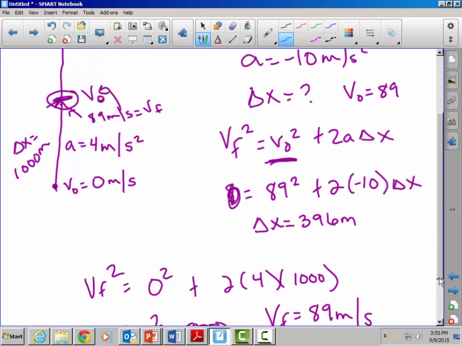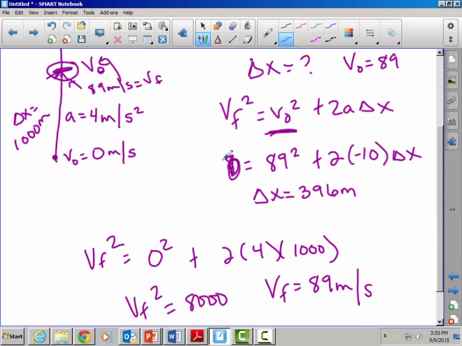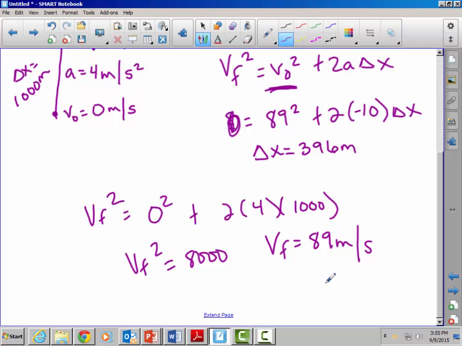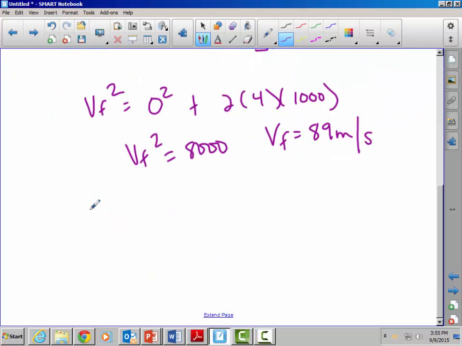Squaring this, bring it over to the side, it's negative 7,921, divide that by negative 20, and the rocket went an extra 396 meters. So to answer our question, the total displacement of the rocket would be our 1,000 plus our 396, which is 1,396 meters.